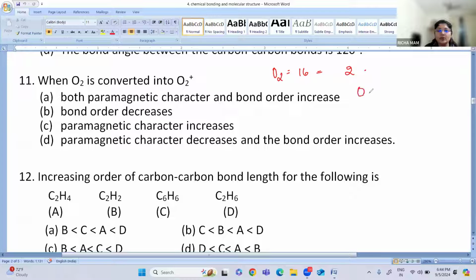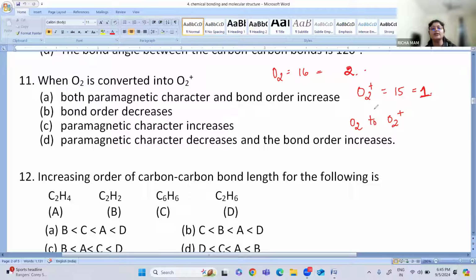And in O2 plus, the number of unpaired electrons is 1. O2 plus means 15 electrons. So your paramagnetic character will decrease when you convert O2 to O2 plus. It will decrease because 2 unpaired electrons become only 1.